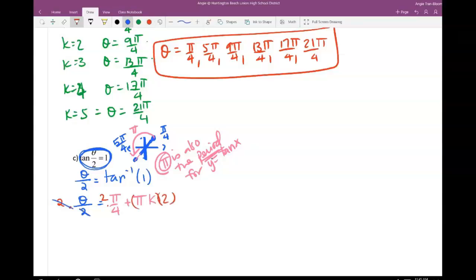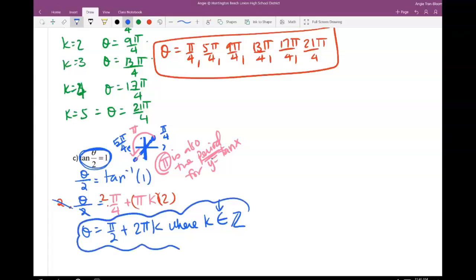So now theta is 2 pi divided by 4, reduce that to pi over 2, plus 2 pi k, where k belongs to the integers. So that right there is 1 equation, okay?